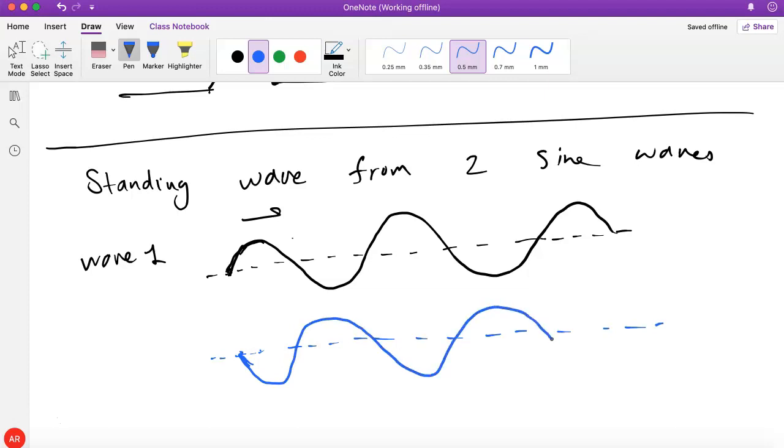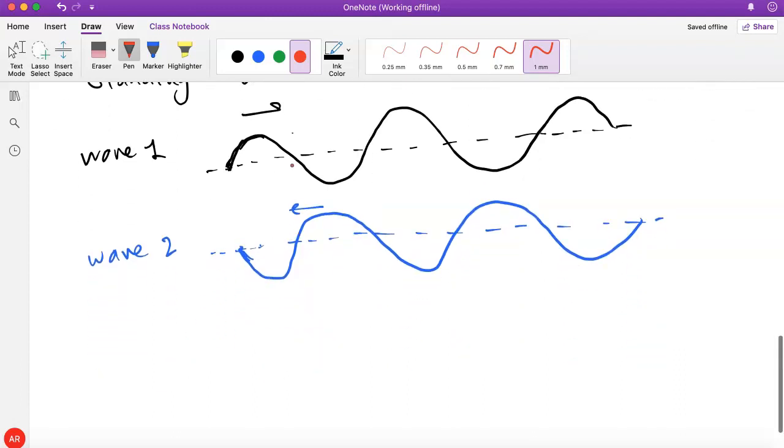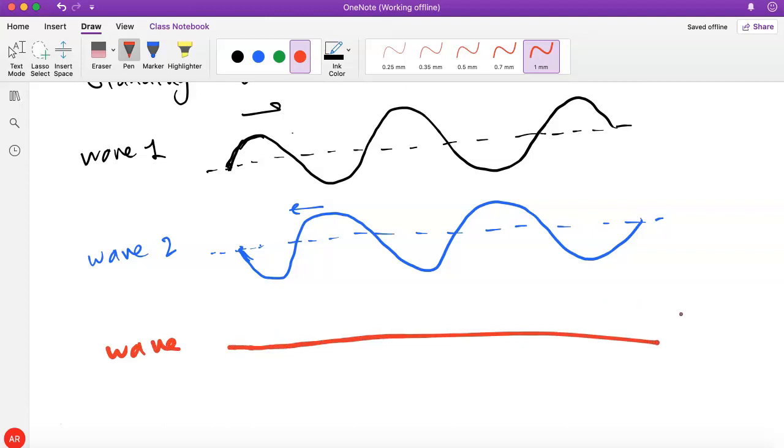Okay, and it's moving this way. So at time t equals 0, that's wave 2. All right, so what is the superposition here? Well, at every point, this is the negative of that, so it's going to be flat. Let's say this is t equals 0.